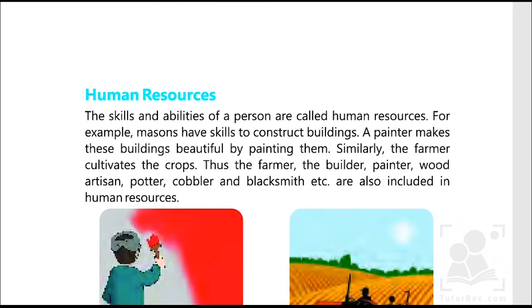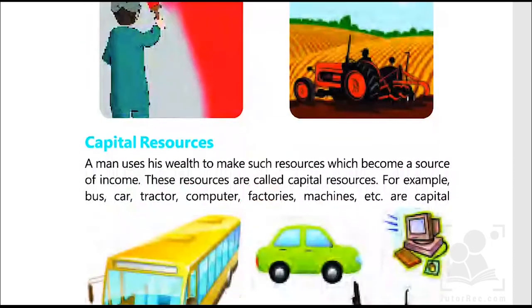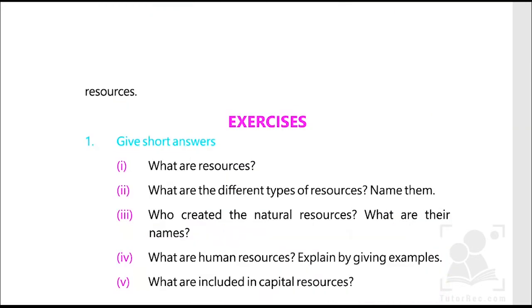And then we learned about human resources, which are the skills and abilities of a person, such as a doctor, teacher, pilot, engineer, farmer, an auto driver, could be anything. Then we learned the third type, the capital resource, which is basically the particular factor we are using as a resource to earn some income. Let's move to the exercise of this chapter.